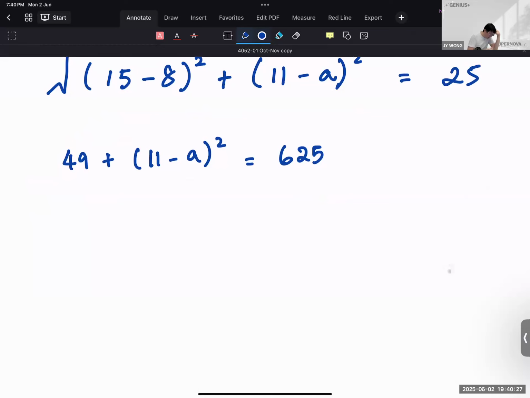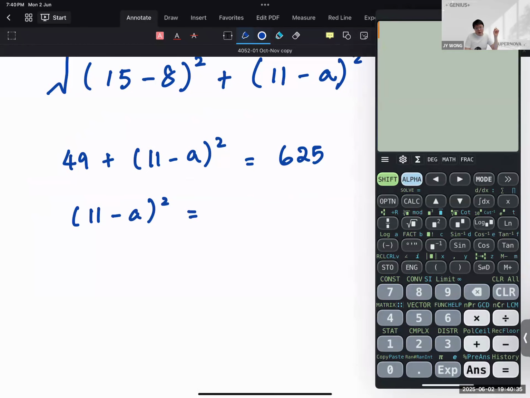Once I've gotten rid of the square root, I can bring it to the other side. I will get (11 minus a)² equals to... Now here you can expand the whole thing and solve it as a quadratic. I prefer not to do that. I will bring this to the other side so that I get this.